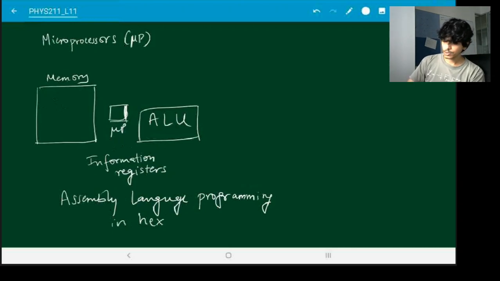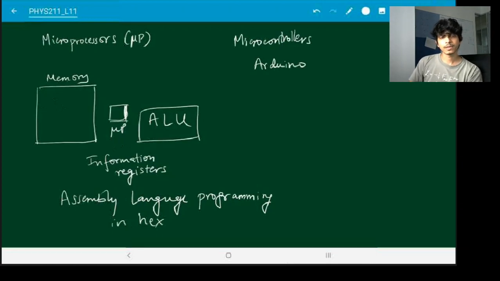Similar to microprocessors, you can also have microcontrollers. And one example of a microcontroller is an Arduino. The difference is that a microcontroller already comes with some amount of inbuilt memory, and it also can be interfaced with external devices, and you can make small home projects which might sense light, sound, temperature, and so on.